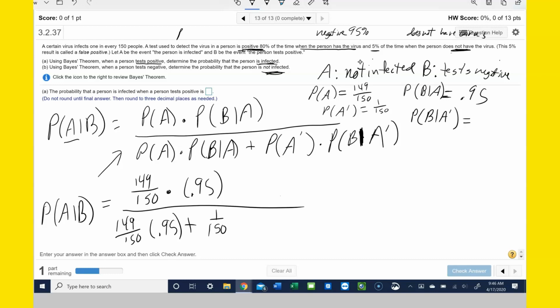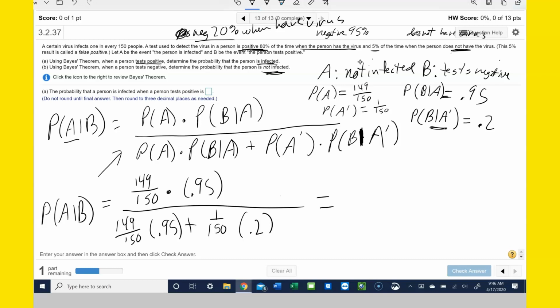That means we're going to be negative 20% of the time when we have the virus. Okay, that's again just the complement of this. So that's test negative when we have the virus. That's this right here. That's 0.2 in this case. So times 0.2. And that is my whole formula.